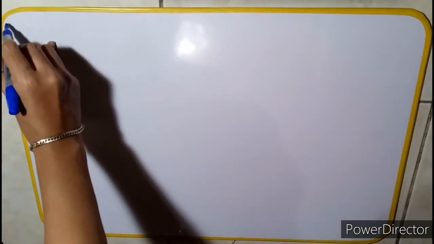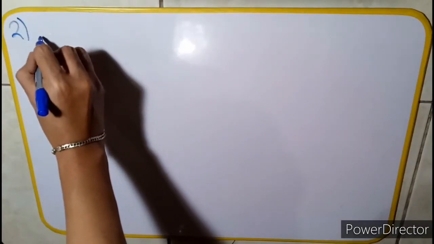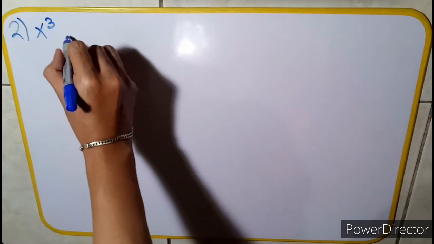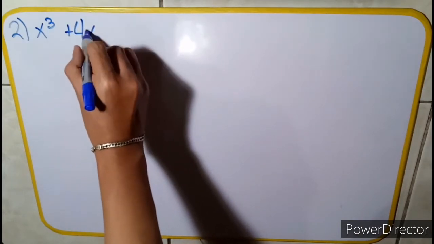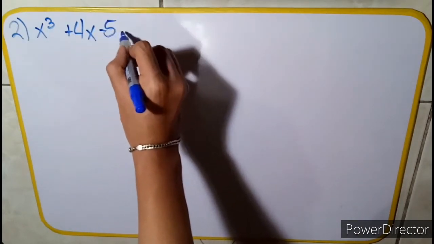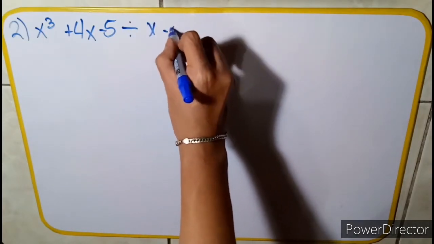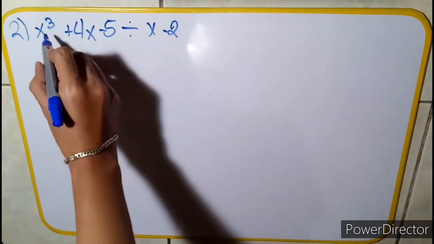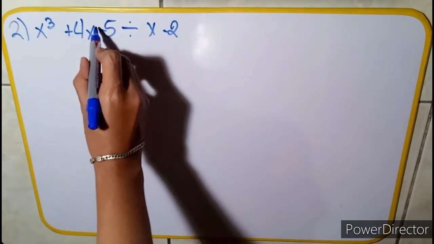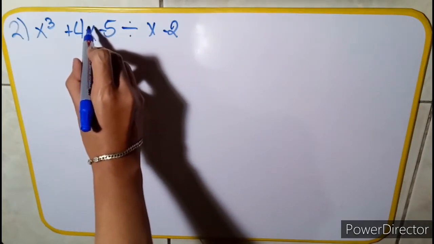Our second example will be x cubed plus 4x negative 5 divided by x negative 2. As we can see, there's a gap between x cubed plus 4x.